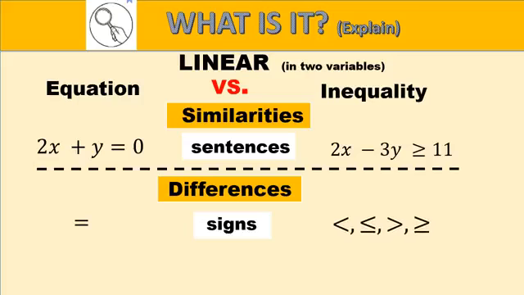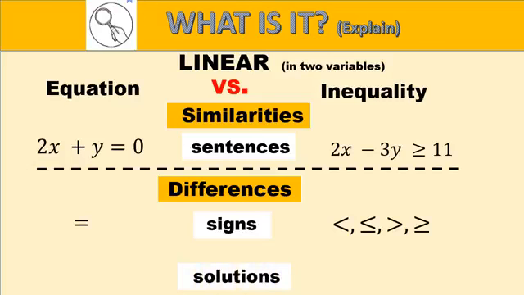Namely, we have first less than. The second one is less than or equal to, but we can also call this at most. Next is greater than, and the last one is greater than or equal to, or we can also term this as at least.